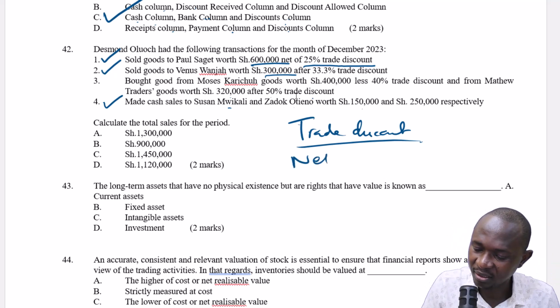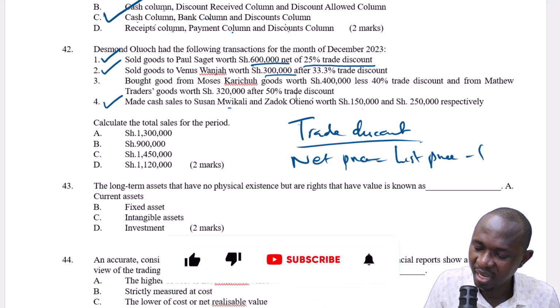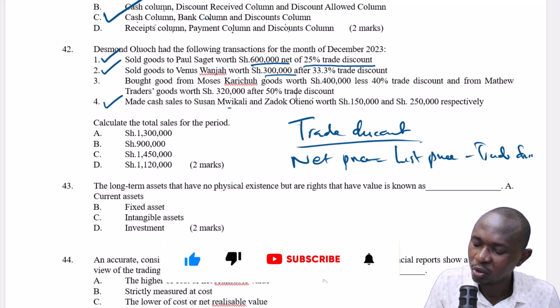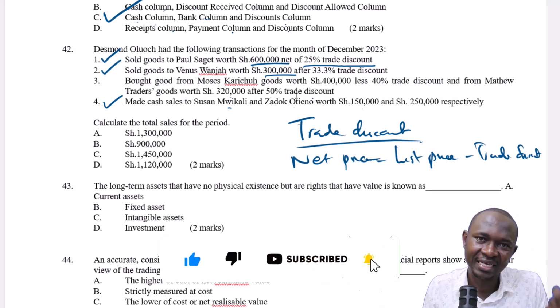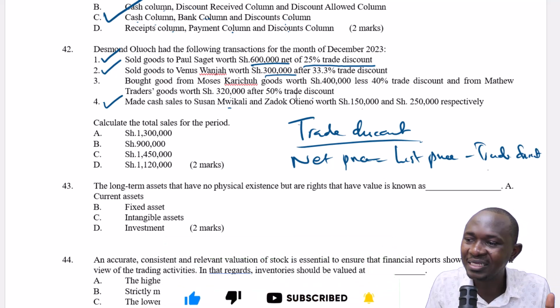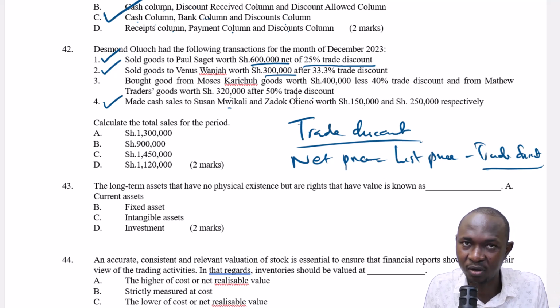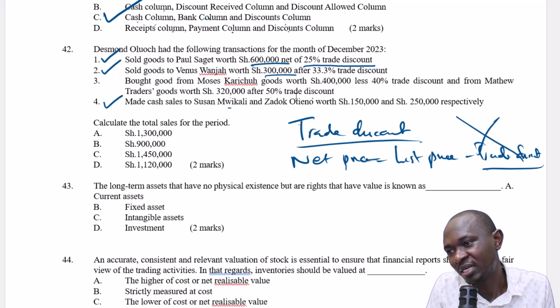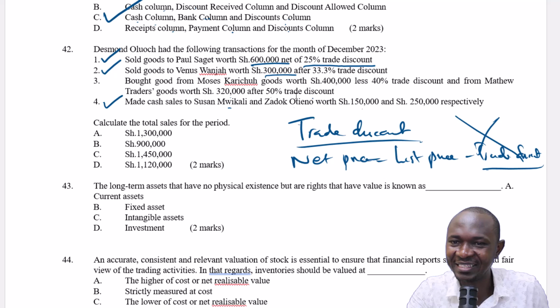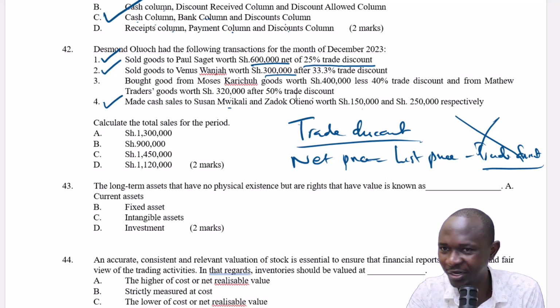Net price, this is very important, is equal to list price minus trade discount. So we cannot talk of the net sales price with trade discount. Trade discount is not recorded in the books of accounts. So that means we are not going to consider all these trade discounts. It's as simple as that. And that now makes this question straightforward.